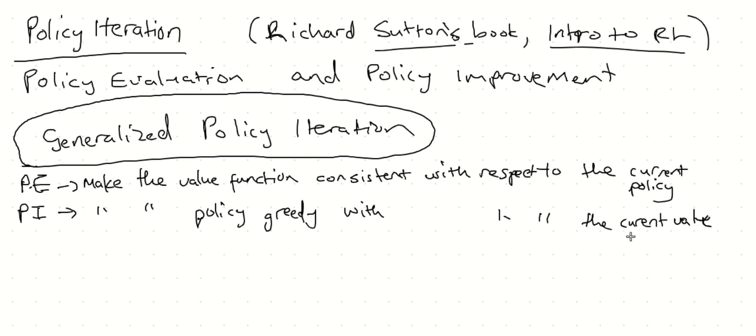Sorry for the misspelling here, but you get the general idea, right? So with policy evaluation, we're making the value function consistent with the policy, and with policy improvement, we're making the policy greedy with respect to the current value function. So these two processes of evaluation and improvement are interacting together.